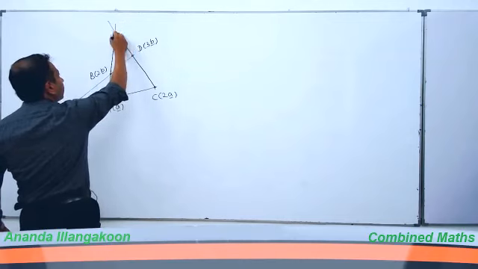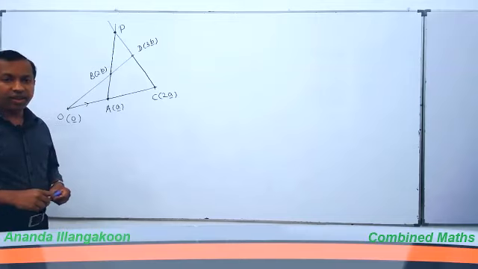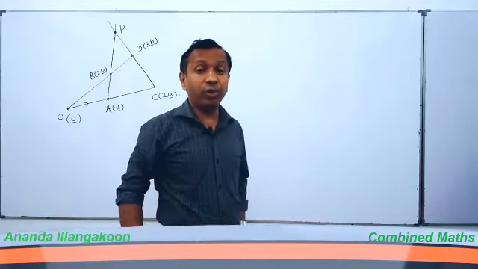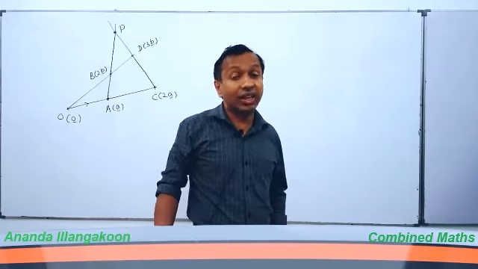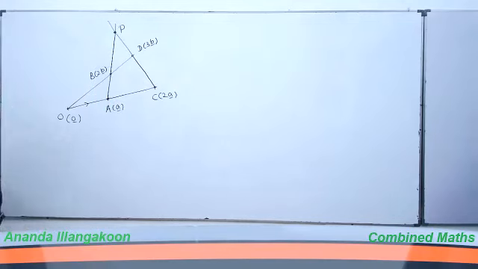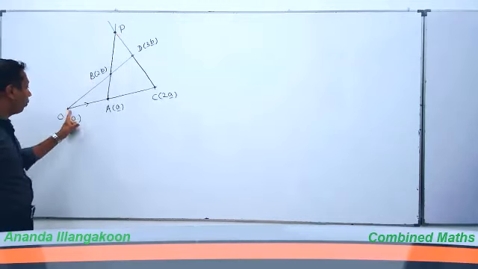Suppose this intersection point is P. We are asked to find the position vector of the point of intersection of the lines AB and CD. Related to the vector origin O, the position vector of point P means the OP vector.